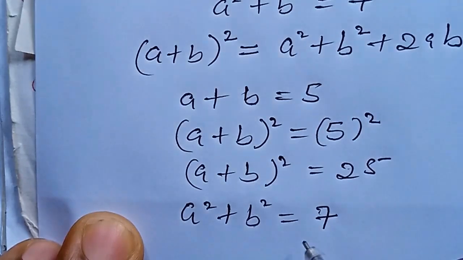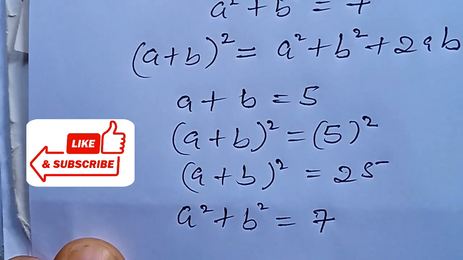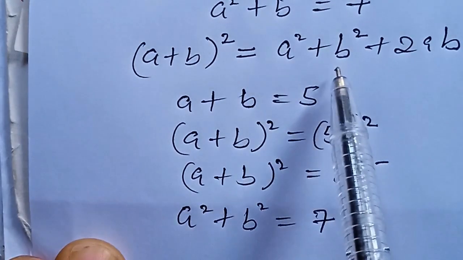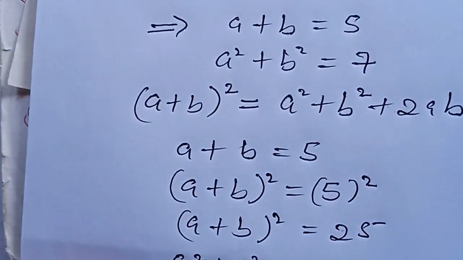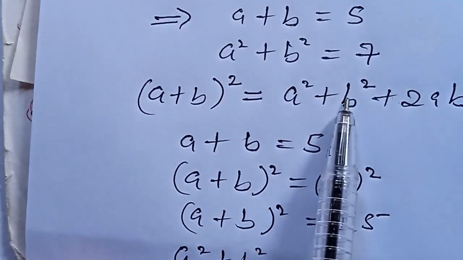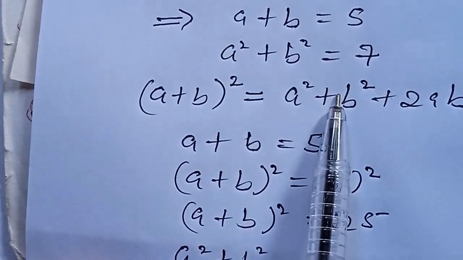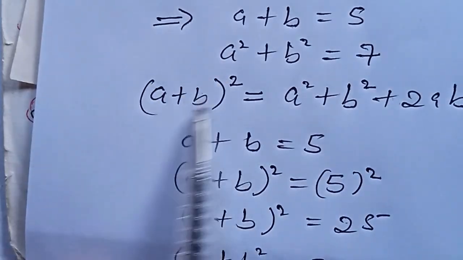So we consider the identity that we expanded before. We substitute 7 for a squared plus b squared, and where we have 25, we substitute 25 here.